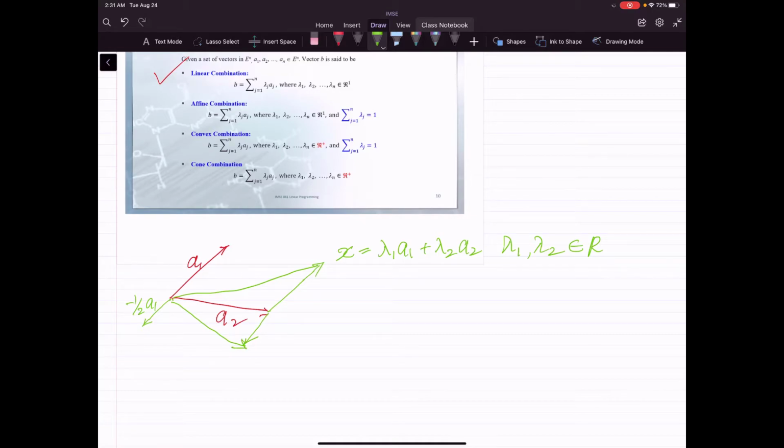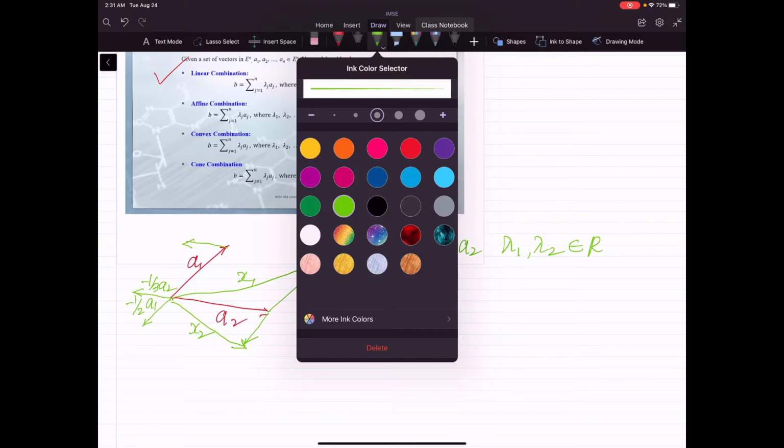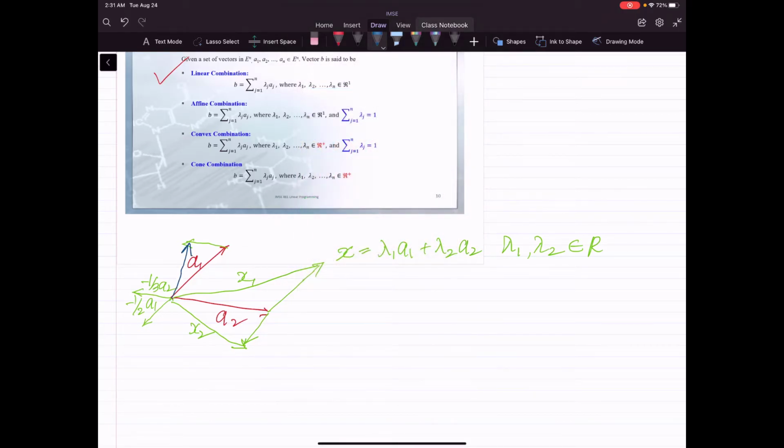Or we can have some portion of negative A2, maybe negative 1/3 of A2, and we move it over in this direction, and the result will be this.